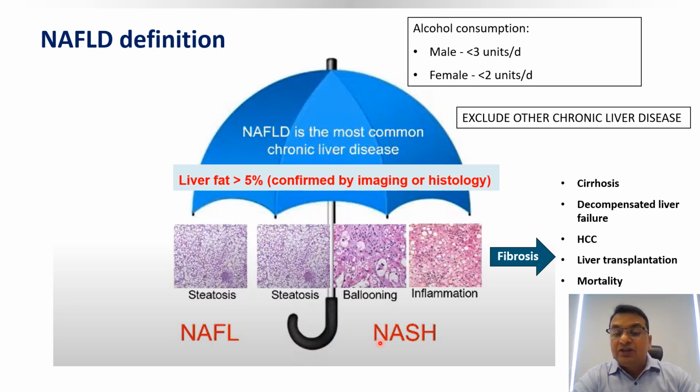And it is this fibrosis which ultimately leads to adverse liver related clinical events like cirrhosis or decompensated liver disease, hepatocellular carcinoma, liver transplantation, and mortality. Right? So, once again, I repeat, it is the fibrosis which ultimately leads to adverse liver related clinical endpoints.